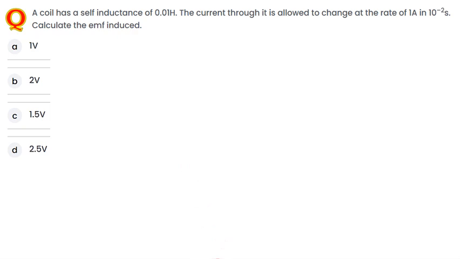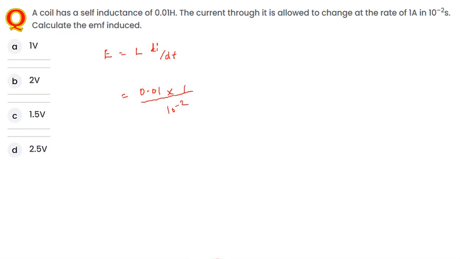Now here, according to Faraday's law of electromagnetic induction, the induced EMF in the coil E is equal to L into di by dt. Already they have given L value 0.01 Henry, and the changing current here is 1 ampere, and whole divided by time, which is 10 power minus 2.